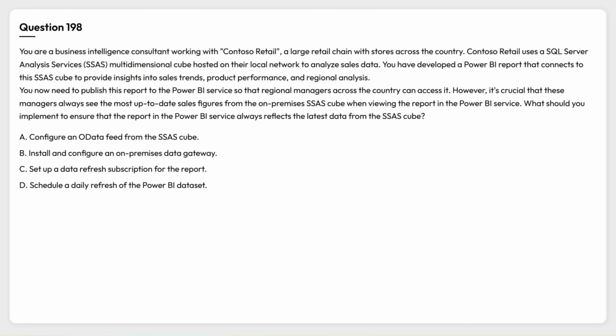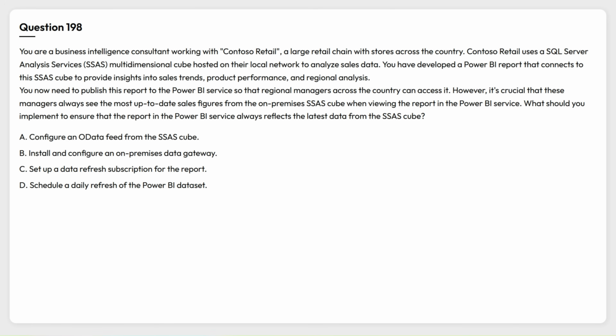However, it's crucial that these managers always see the most up-to-date sales figures from the on-premises SSAS cube when viewing the report in the Power BI service. What should you implement to ensure that the report in the Power BI service always reflects the latest data from the SSAS cube?